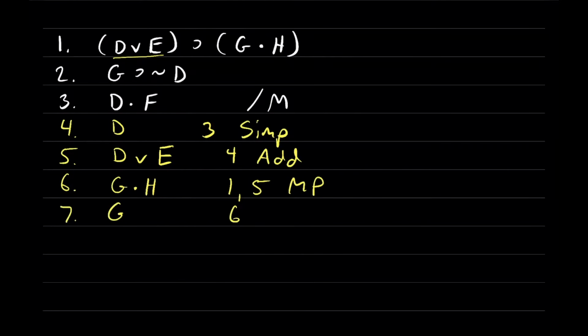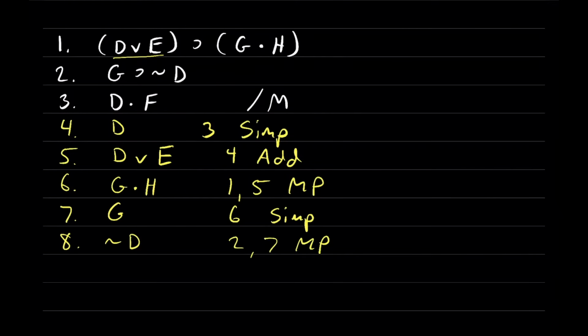And that's going to follow from line 6 by simplification. And whenever you see a conjunction, you should almost always separate that out and bring the left-hand term down. Okay, well, line 2 tells us that if G is true, not D has to be the case. So we're going to get not D on its own line from line 2 and line 7 by modus ponens.